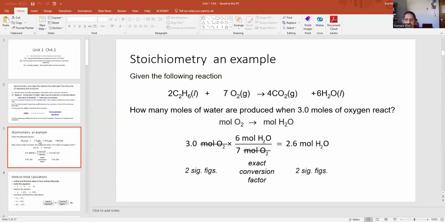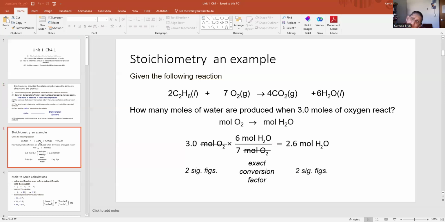For example, this is a stoichiometric example problem which I'm going to discuss. So 2 moles of C2H6 plus 7 moles of oxygen gives us 4 moles of carbon dioxide plus 6 moles of water. Now, the numbers 2, 7, 4, 6 in front of each of the reactants and products literally give you the moles that are required or that you should get.